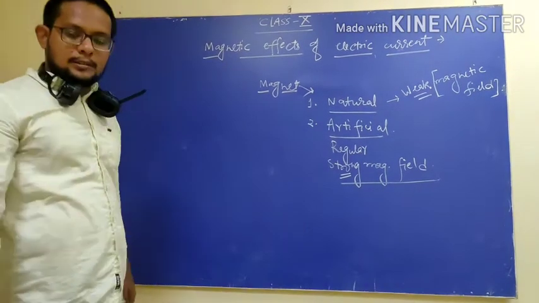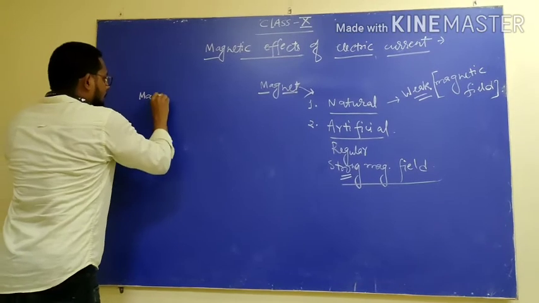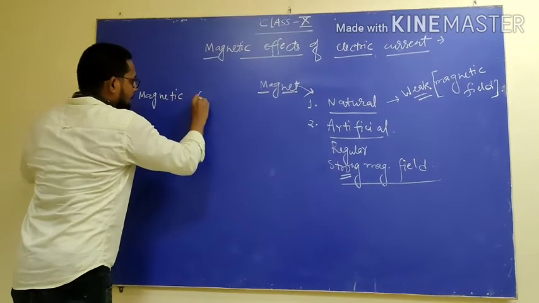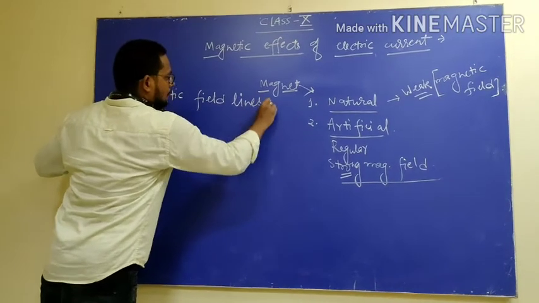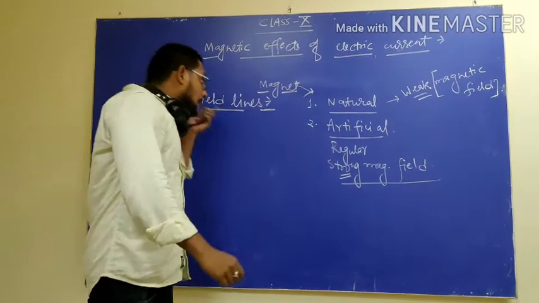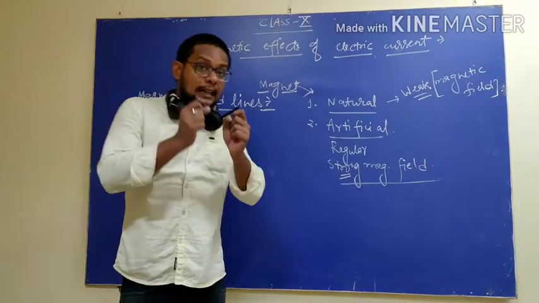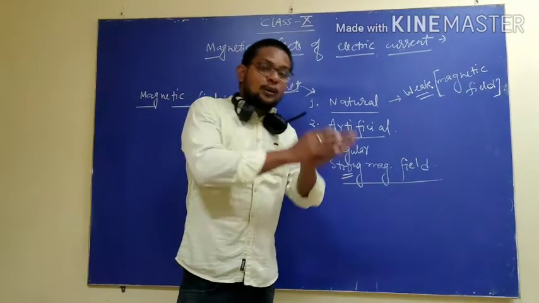Dear students, what do we say? Magnetic field lines. What are magnetic field lines? With the help of magnetic field lines, we can tell whether a magnetic field is strong or weak.